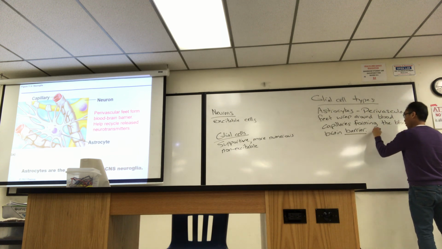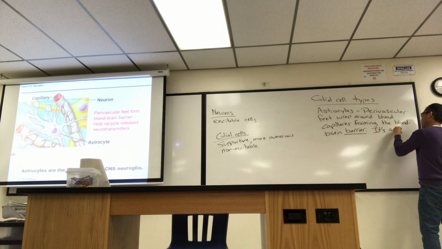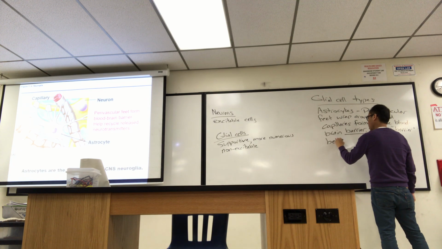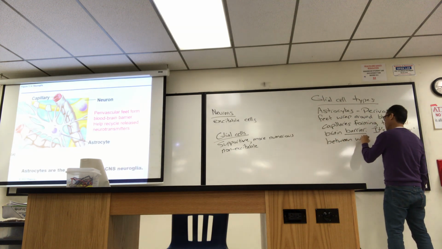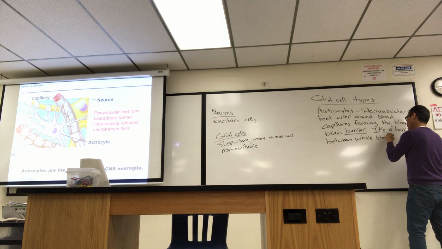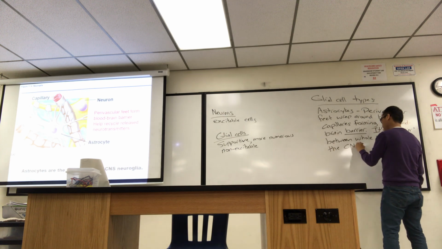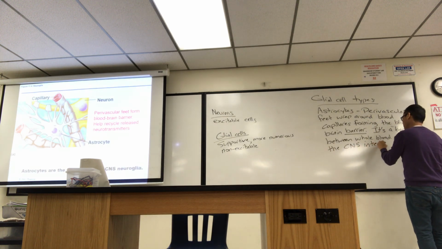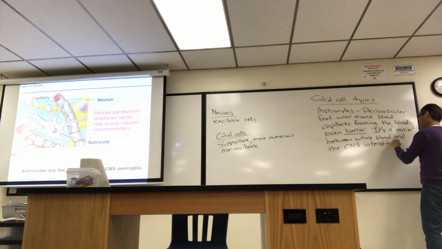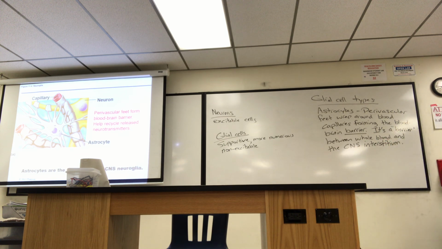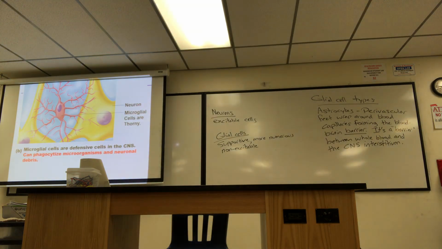So that's what they call it. They use the word barrier. It's a barrier between whole blood and the central nervous system, the CNS interstitium. So you're just limiting that capillary exchange. That's a normal function of capillaries. And so that protects nervous tissue from whole blood.